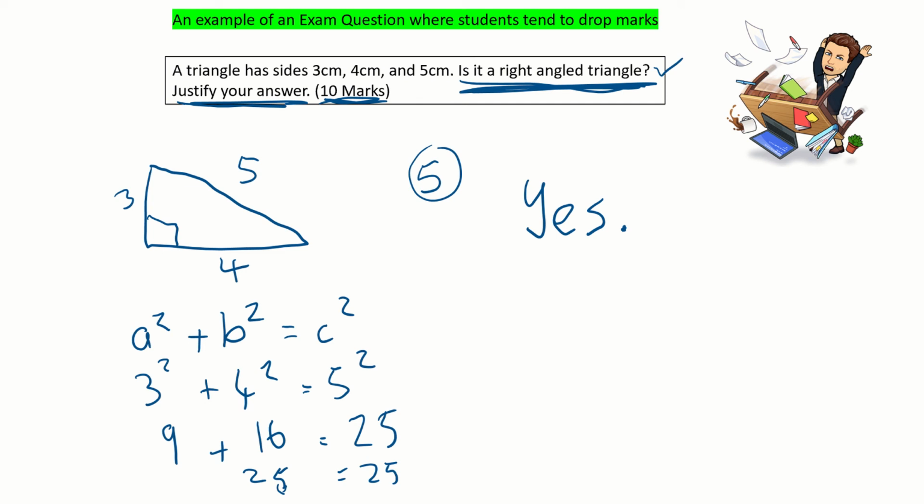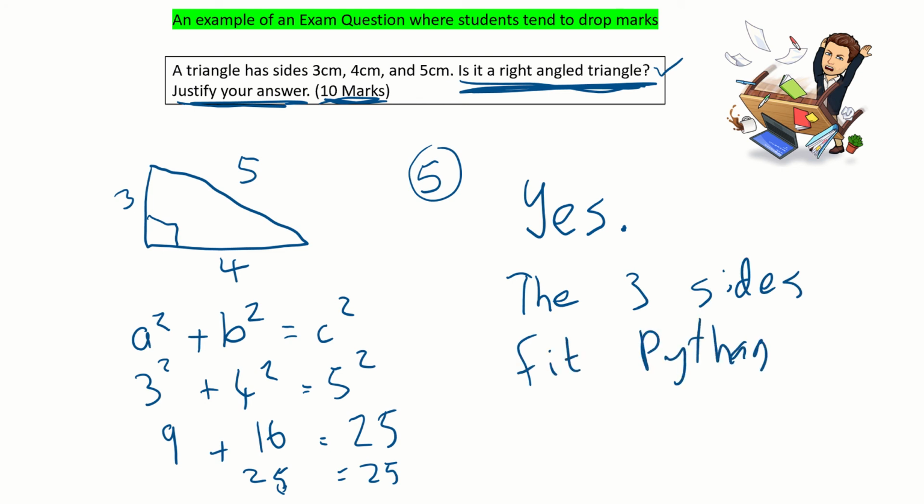And then to justify your answer, the 3 sides fit Pythagoras' theorem. Or if you were feeling fancy, you could say the 3 numbers are a Pythagorean triple, which means the same thing.